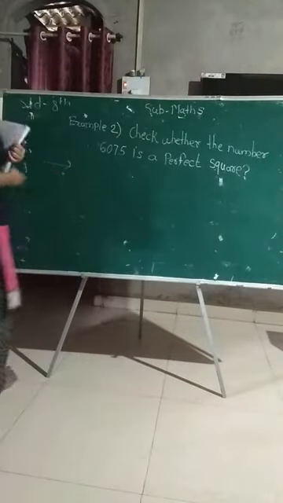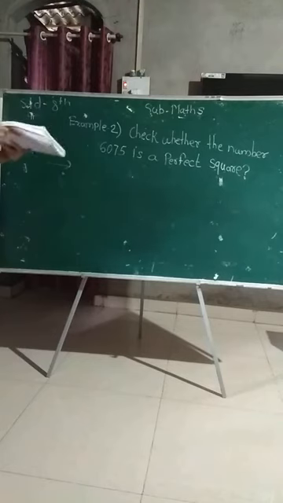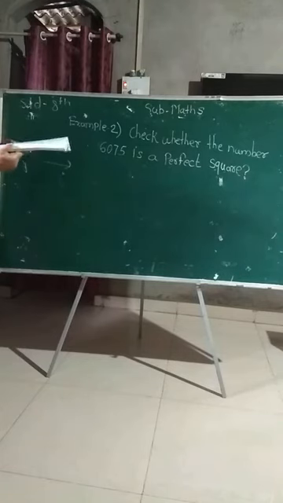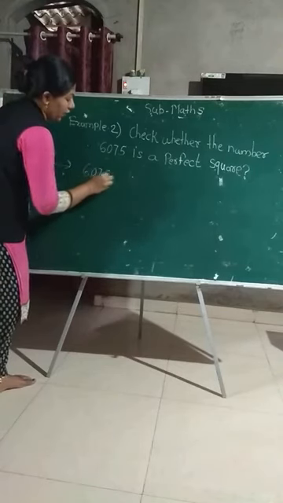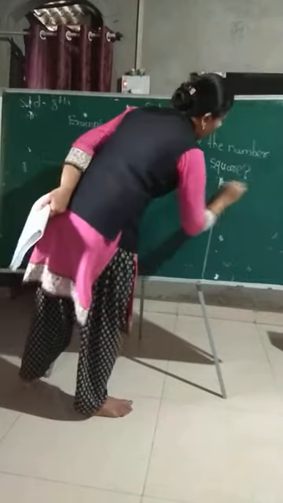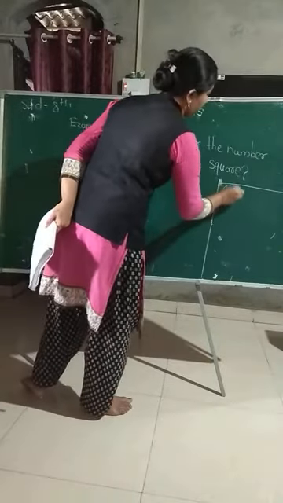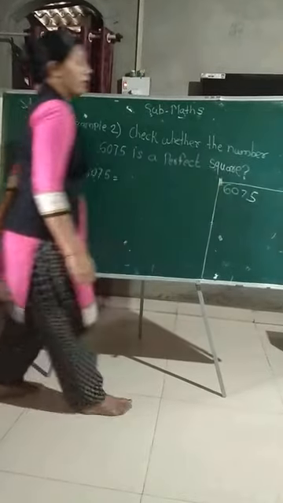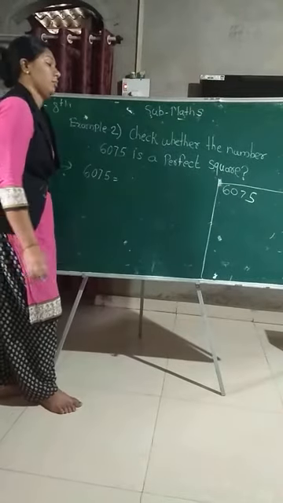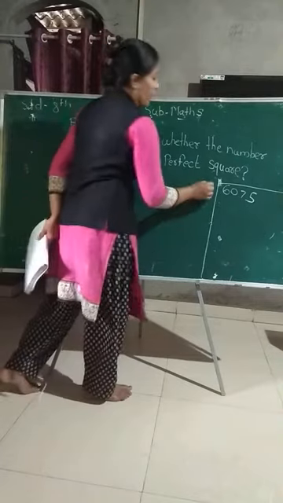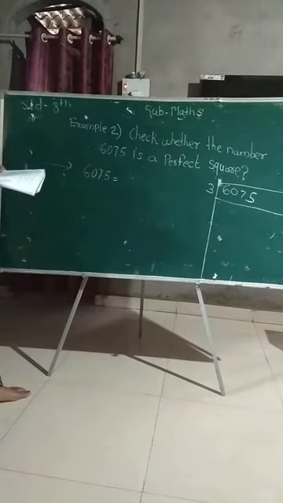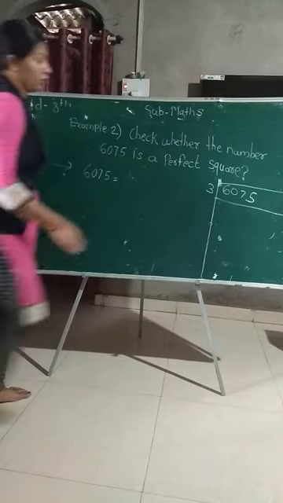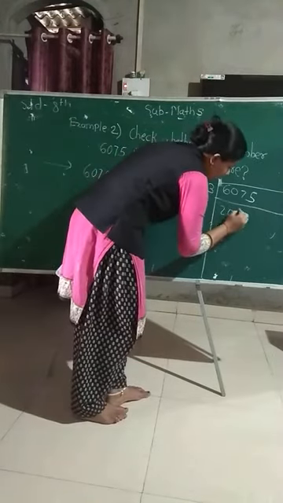In the solution, first of all we express the number 6075 as the product of its prime factors. Here we cannot divide this number by 2, so the next prime number is 3. We divide 6075 by 3 and get 2025.